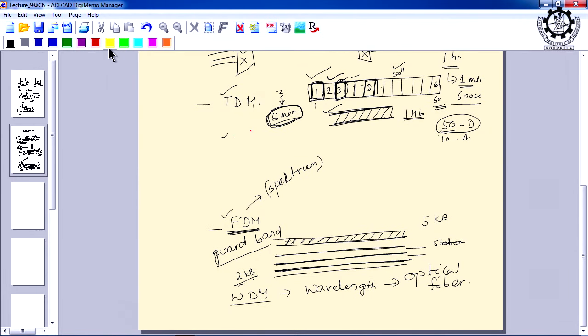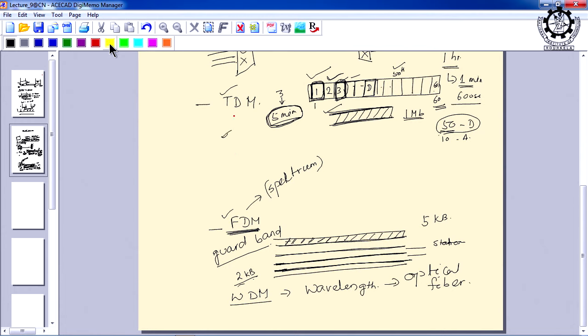There are several other multiplexing techniques, CDM, code division, all those things. We are not currently working on that, but what we will see is FDM, TDM and WDM. All the MAC layer functions are basically working on the principle of any of these multiplexing techniques.